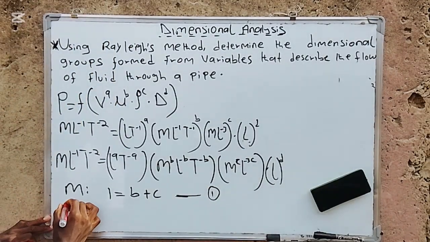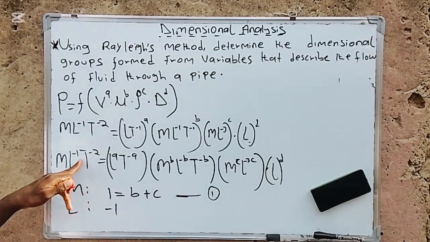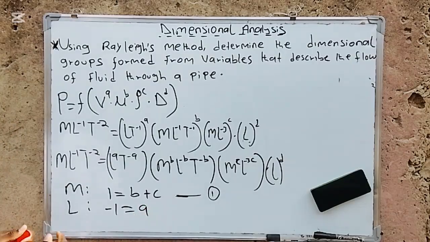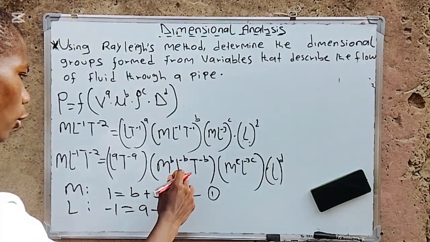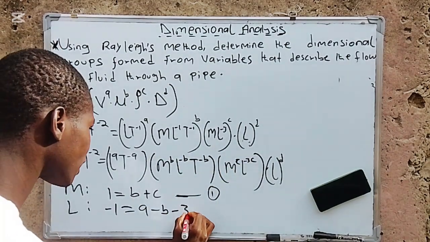So let me move toward L. I have L here, but it's minus 1, the coefficient of this power. So therefore I have L, which is A, and I have L, which is minus B. Is there any L? No, it is 1. Is there any L here? Yes, minus 3C.